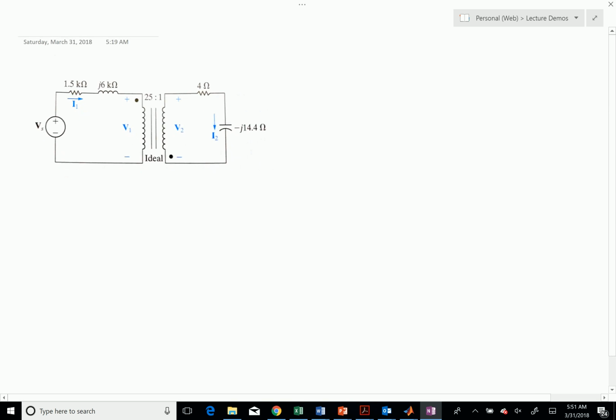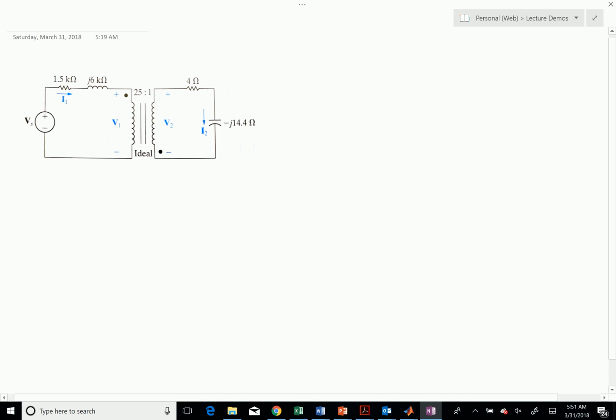The big difference is they've told me the polarity of V2 is flipped, okay? And they've told me the polarity of I2 is flipped, right? So I2 is actually flowing into the dot over here, all right? Otherwise, everything's the same. I still have Vs equal to 25 kV with a 0-degree angle, okay?